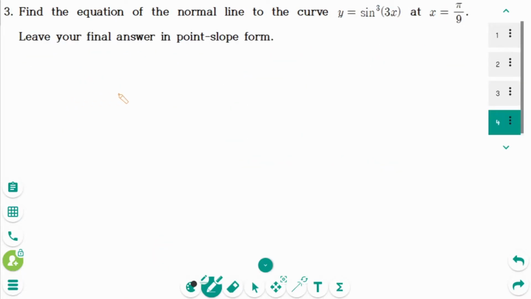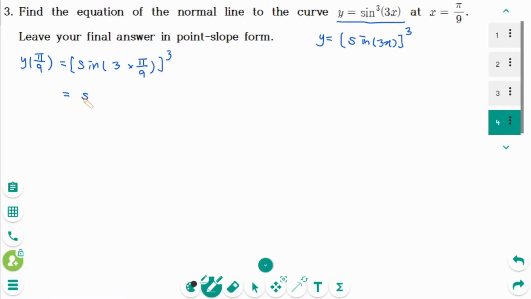Number 3, find the y value when x equals pi over 9. Y equals sine cubed 3x, so we can rewrite as y equals sine 3x to the power of 3. Then y at pi over 9 equals sine 3 times pi over 9 to the power of 3, which is sine pi over 3 cubed.